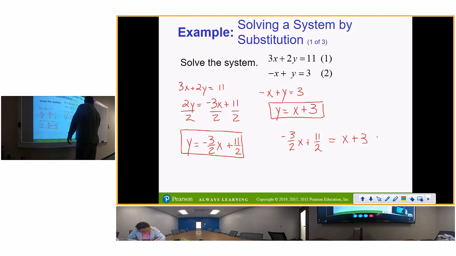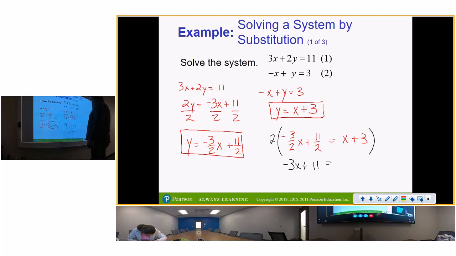The first thing I'm going to do is multiply everything by what? Common denominator to clear the fractions. So that'll be negative 3x plus 11 is equal to 2x plus what? 6.